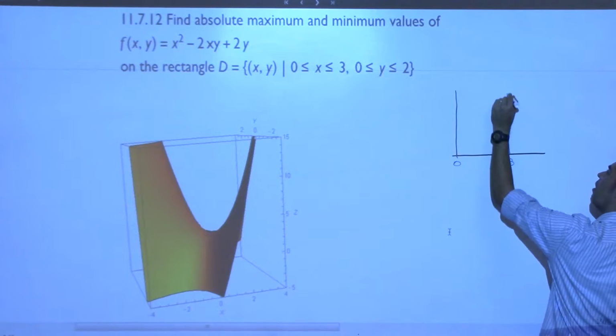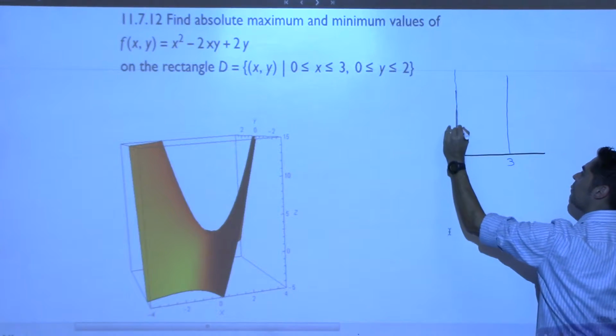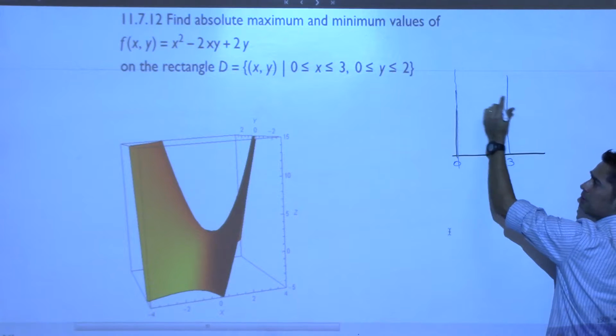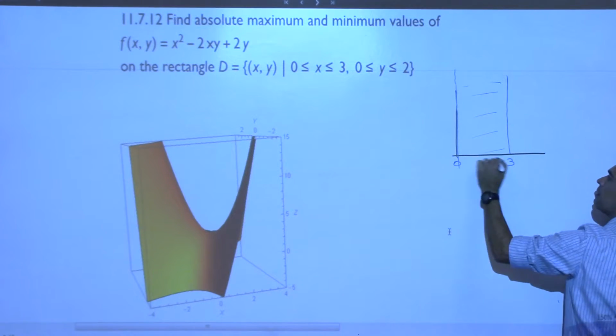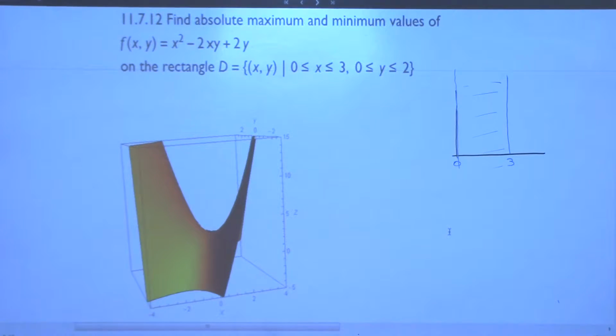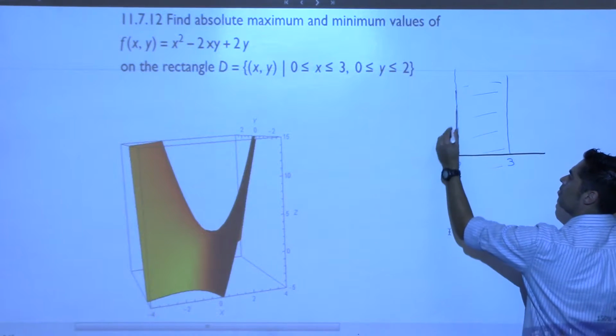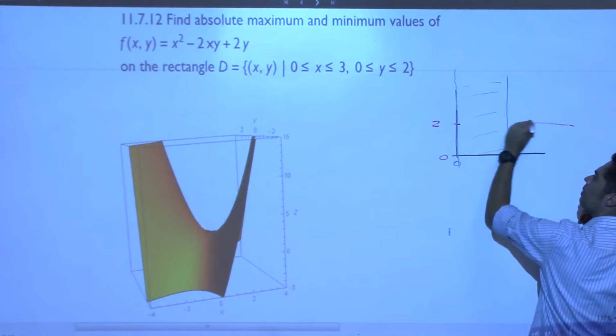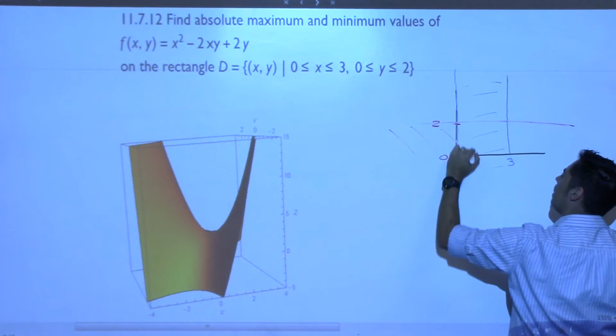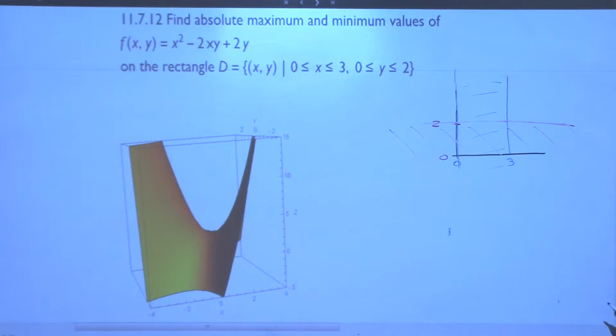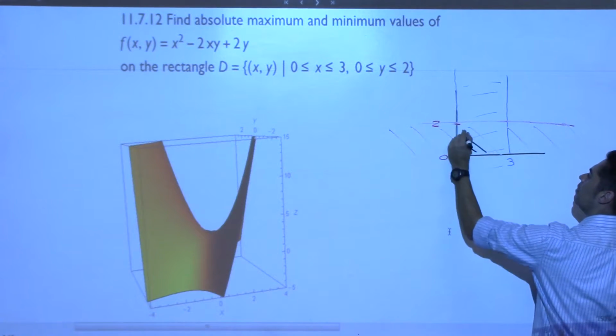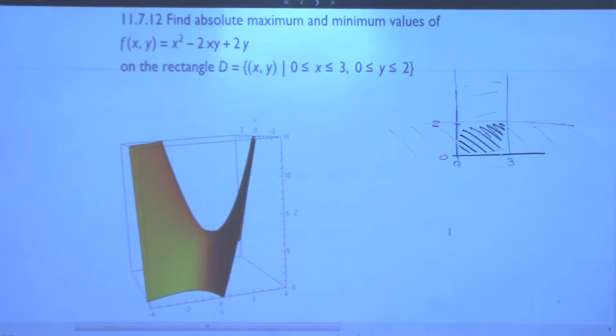X values are between 0 and 3. So all I know is that the x values have to live between here and here, right? So your x's could be anywhere in here. But your y's have to be between 0 and 2. So it could be anything in here, right? And so what you need is both of them together, which is where they intersect, which is right there.